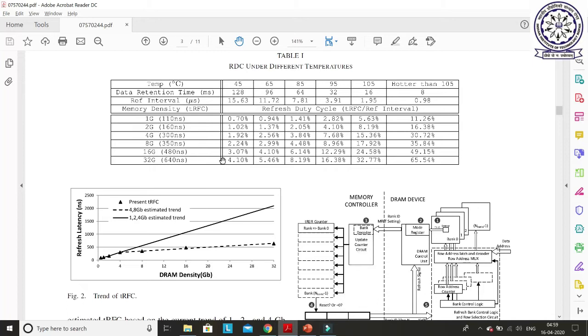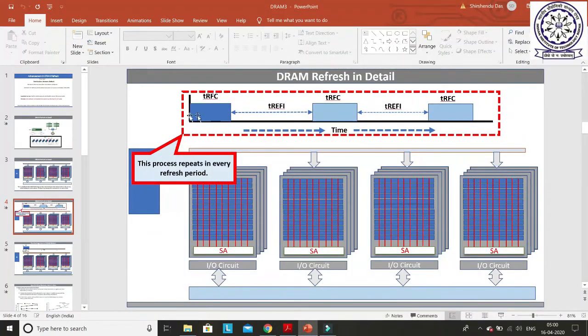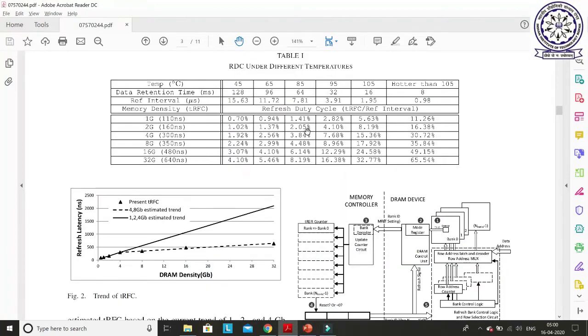But let's see the situation when the temperature goes higher. When the chip temperature is 105 degrees centigrade, then during each refresh interval, 32% time is required just to refresh these DRAM rows.